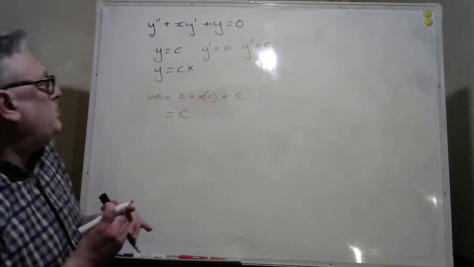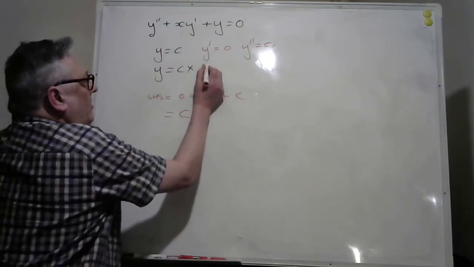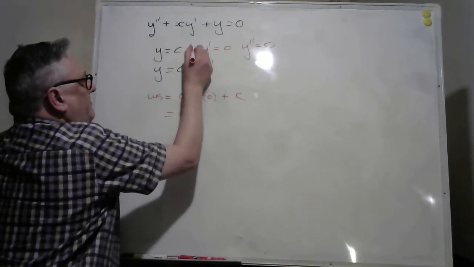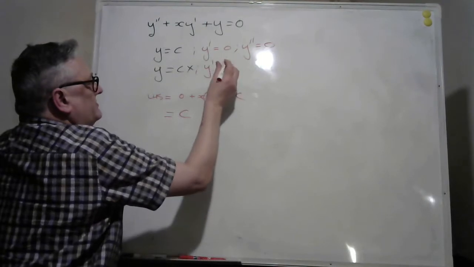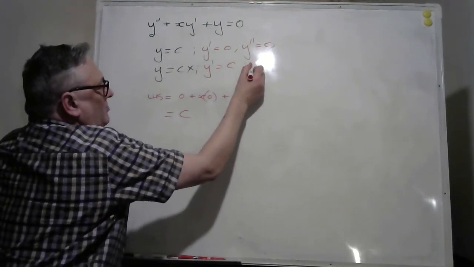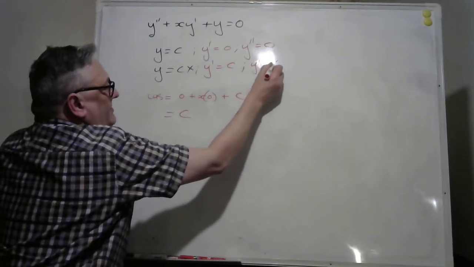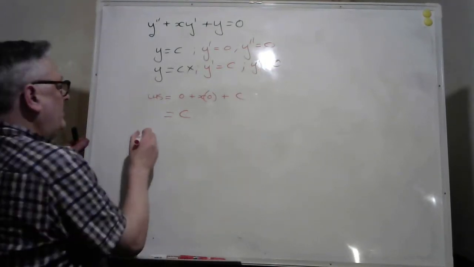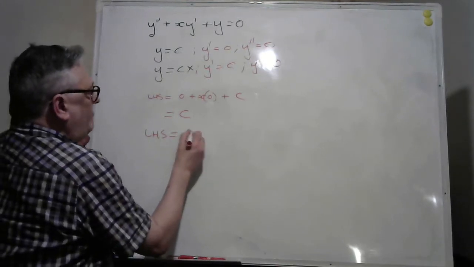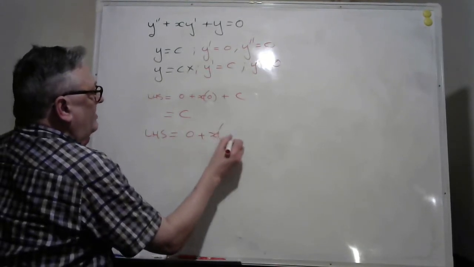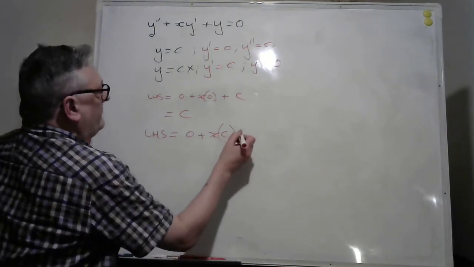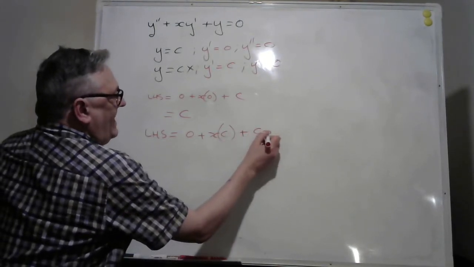What about this one? We've got y prime equals c and y double prime equals 0. Now, in this particular case, we've got 0 plus x times c plus cx.